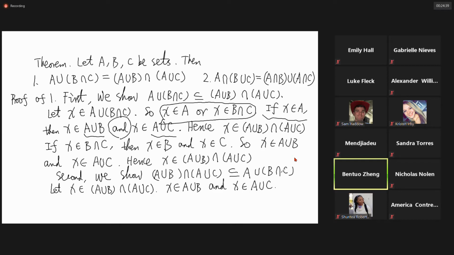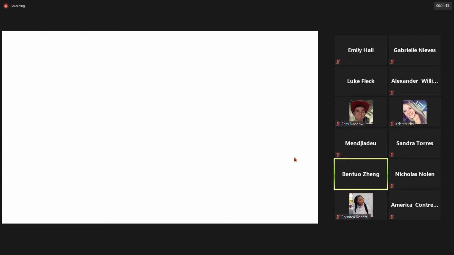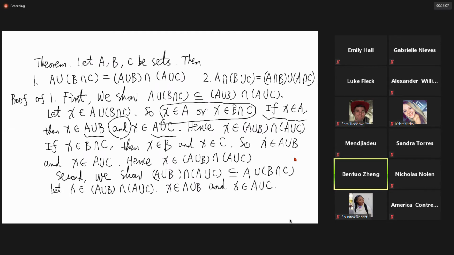Okay, so let me copy down this translation to the next page. So we get X is in A union B and X is in A union C. Look at the last statement.